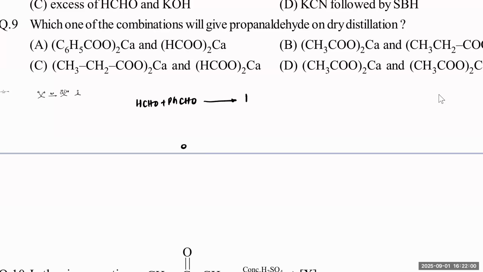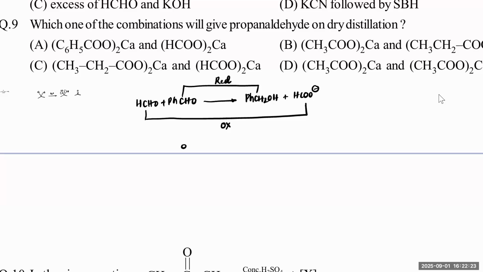In this cross Cannizzaro, we know that this will become alcohol and this will become acid, HCO minus. Now, from here to here, carbon got oxidized. From here to here, carbon got reduced. So there is definitely a redox reaction happening.